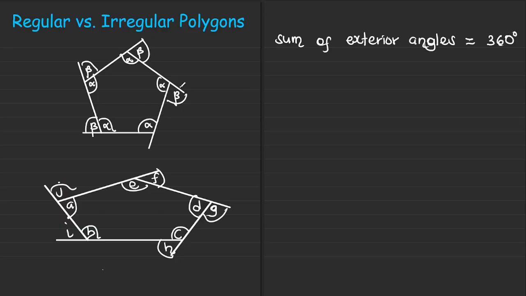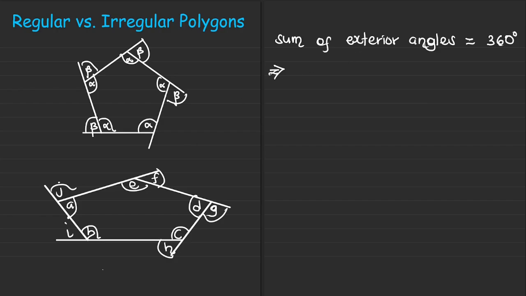And we know all the sides are the same, so it is the sum of all these exterior angles that gives us the 360. So if you want each, take note, this calculation we are doing here is for a regular polygon.